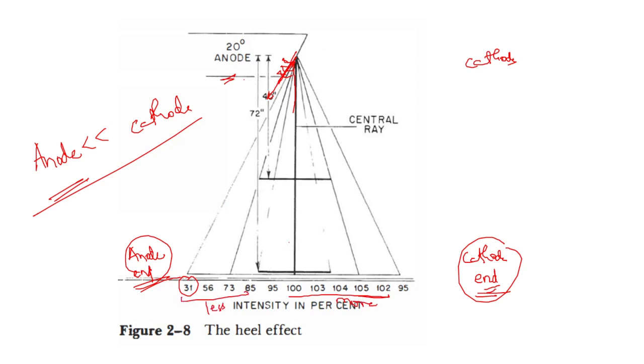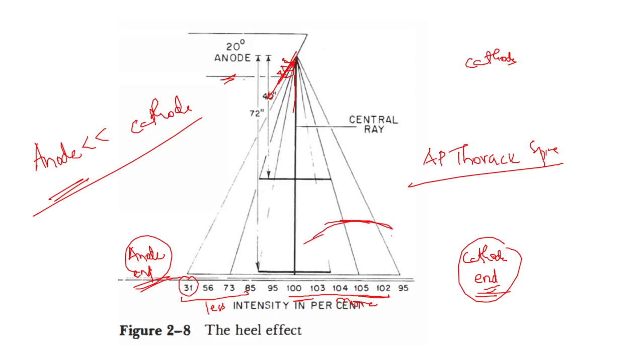So if you put thicker parts of the body towards the cathode and thinner parts of the body towards the anode, then obviously more intensity X-rays are required for thicker body parts and less intensity for thinner body parts. So this Heel effect can be used to our advantage. For example, for a thoracic spine AP view, the body is thick at the abdomen side.